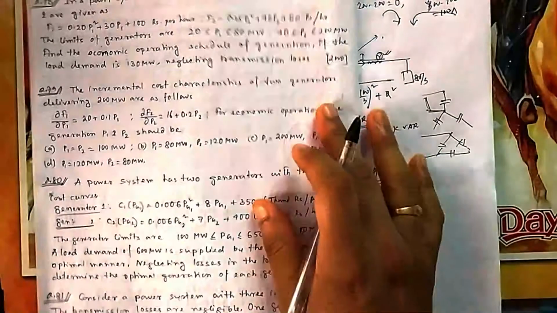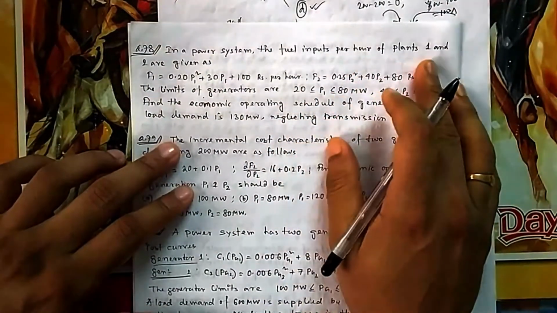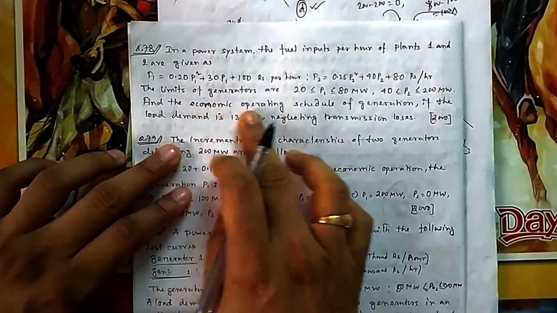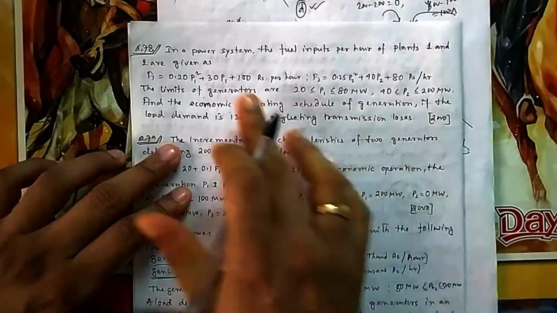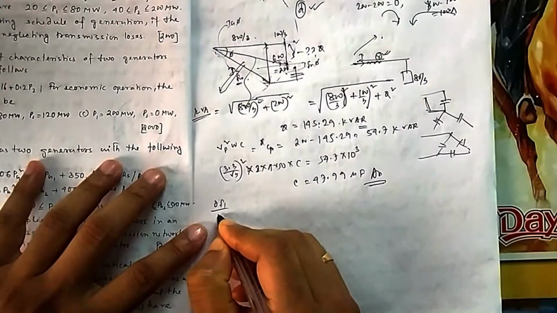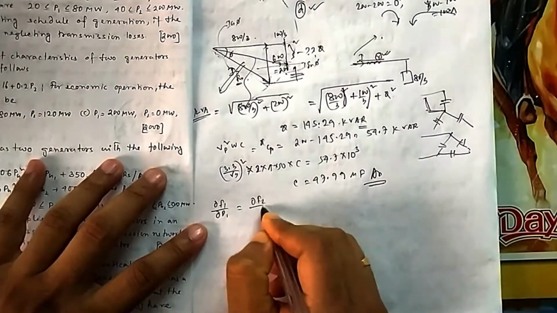Next, if you come to 78, in a power system the fuel inputs of per unit plant 1 and 2 are given, the generator limits are given, and they ask to find the economic operation schedule. So you know incremental fuel cost should be the same, that is dF1 by dP1 should be equal to dF2 by dP2.